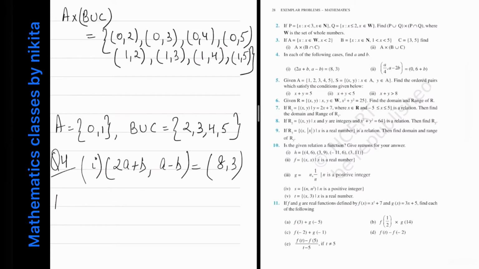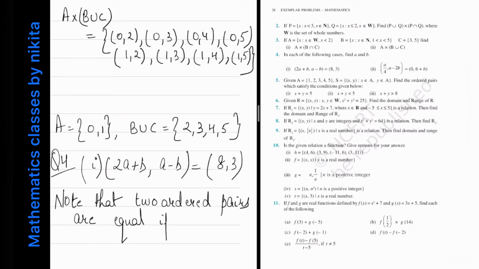So note that two ordered pairs are equal if their corresponding elements are equal.